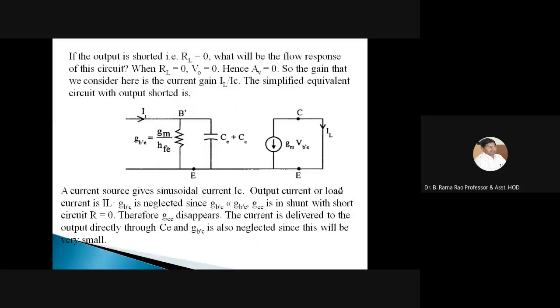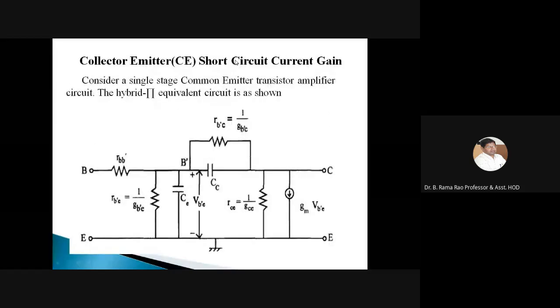This is one of the important derivations in this unit: calculate the CE short circuit current gain for the hybrid pi model. Practice once again. You will get Ai equal to 1 by root 2 times hfe, or 0.707 times hfe.